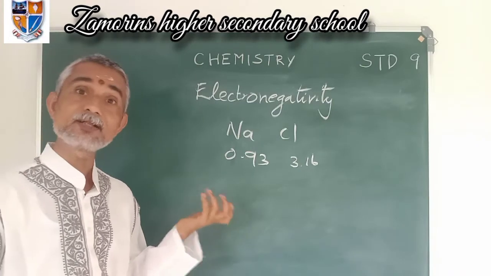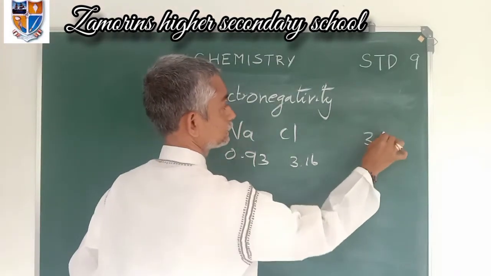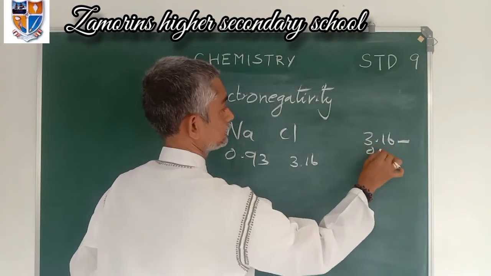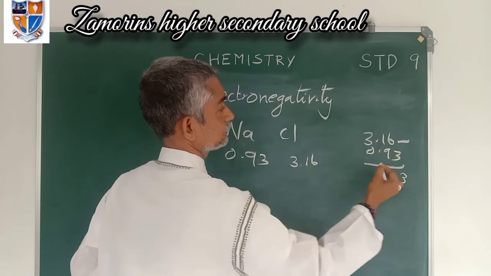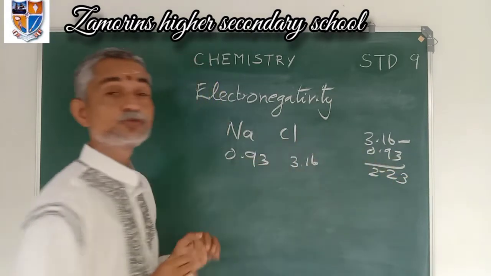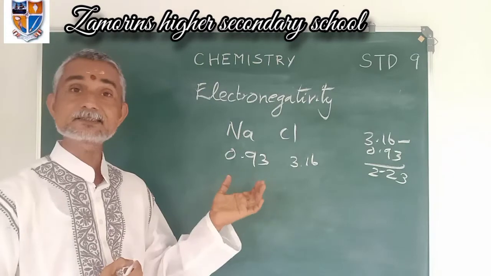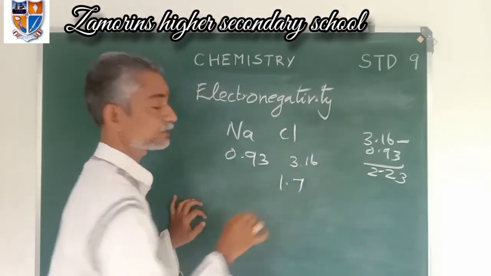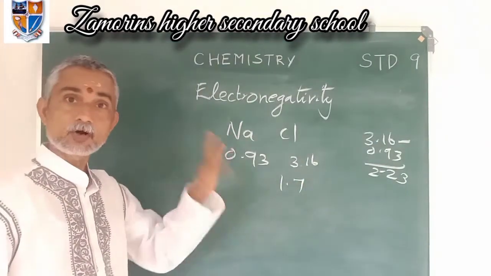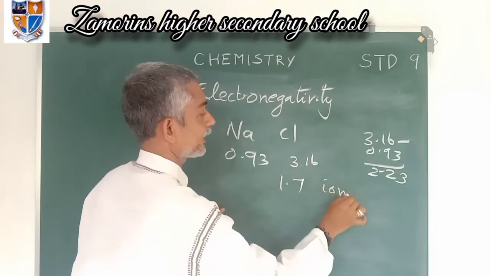So what will be the difference? 2.23. It is higher than 1.7, so the compound is ionic.